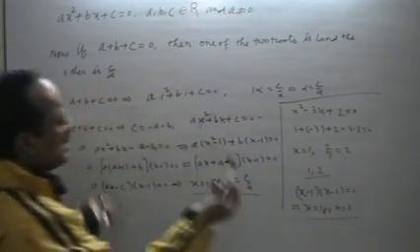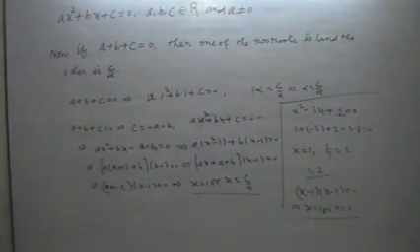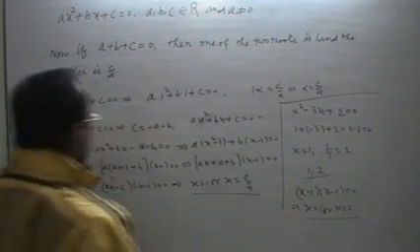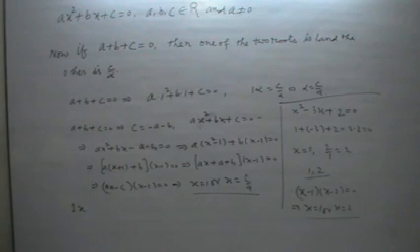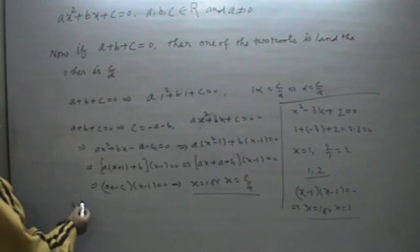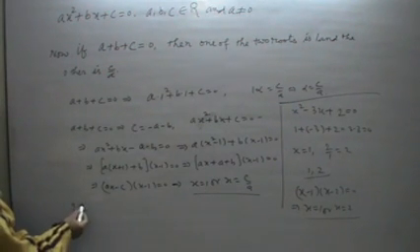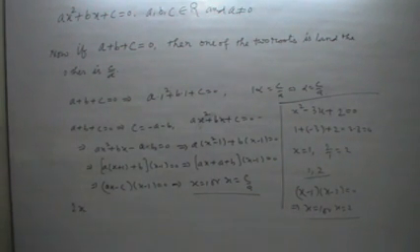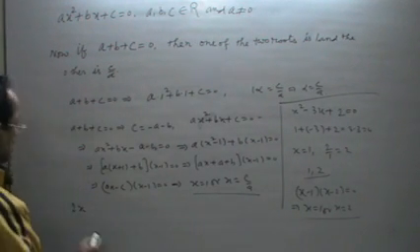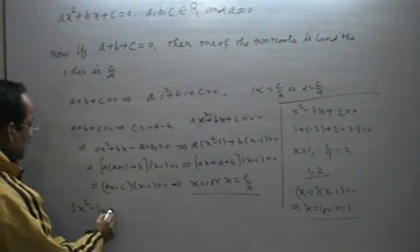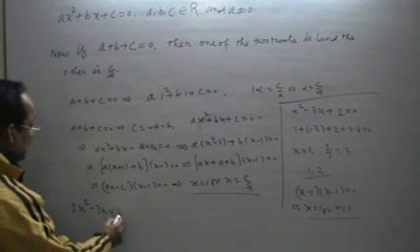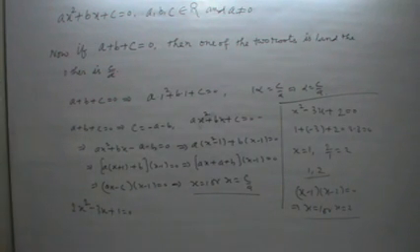Okay. We can take other examples also, as 2x² − 3x + 1 = 0.